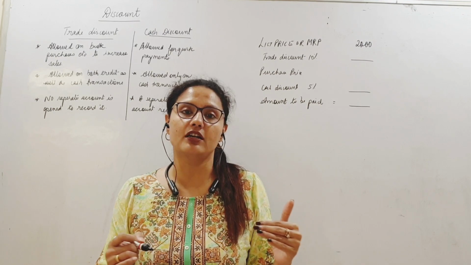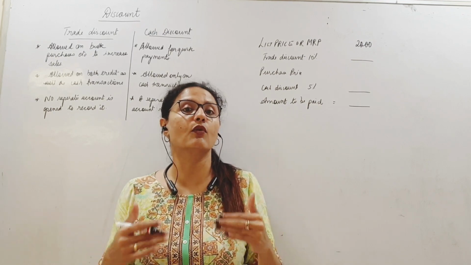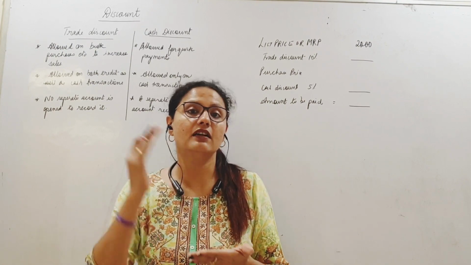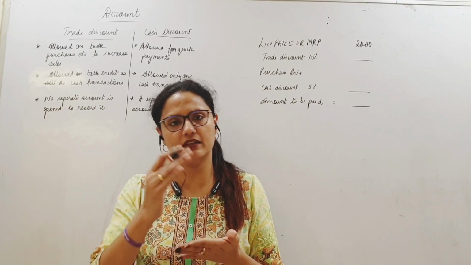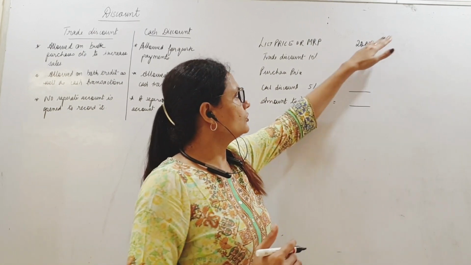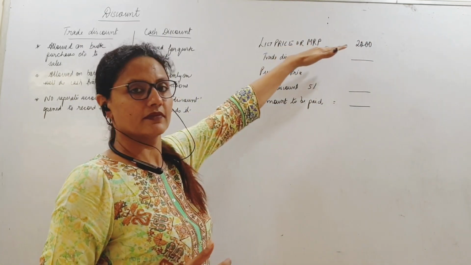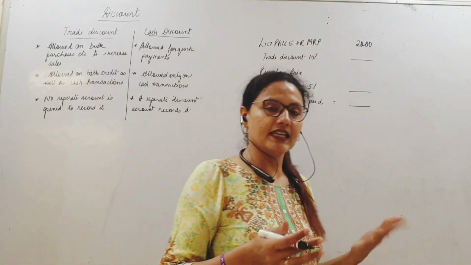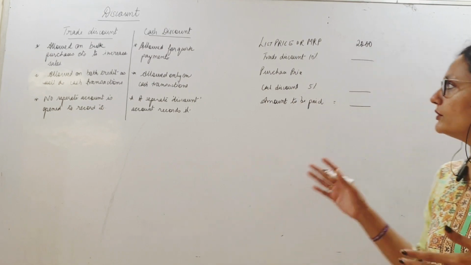He cannot charge you legally anything more than that. Okay? So that is the price limited by the manufacturer. ठीक है? वो printed रहता है. So retailer can take only 2000. That's the max. But उसमें से भी उसको profit मिलता है, right?